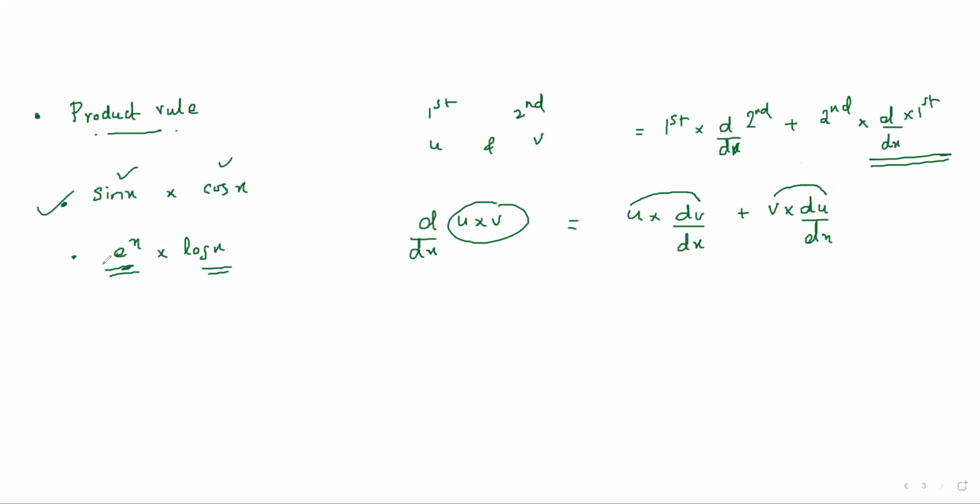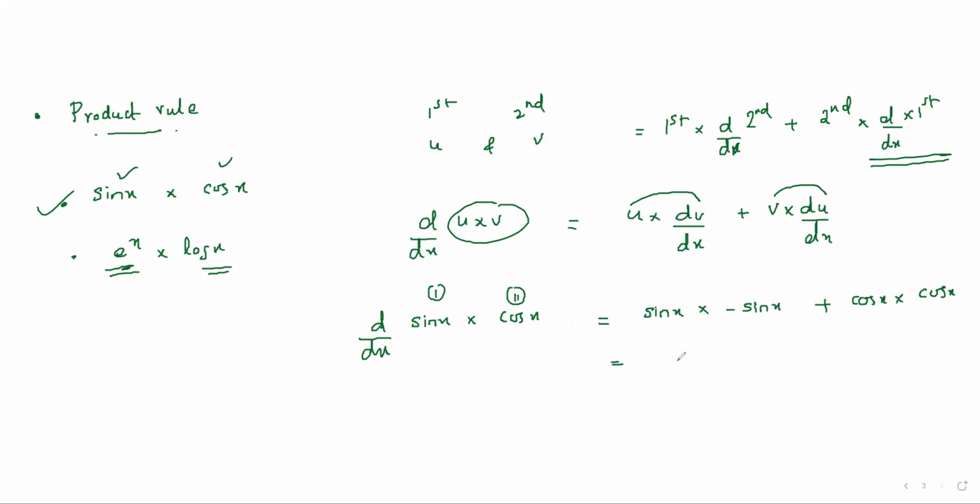So we'll look at the two examples that we have written here. First one is to find d by dx of sin x into cos x. So this is the first function, this is the second function. So what is the derivative? First function sin x into the derivative of the second function, minus sin x, plus the second function cos x into the derivative of the first function, which is cos x.